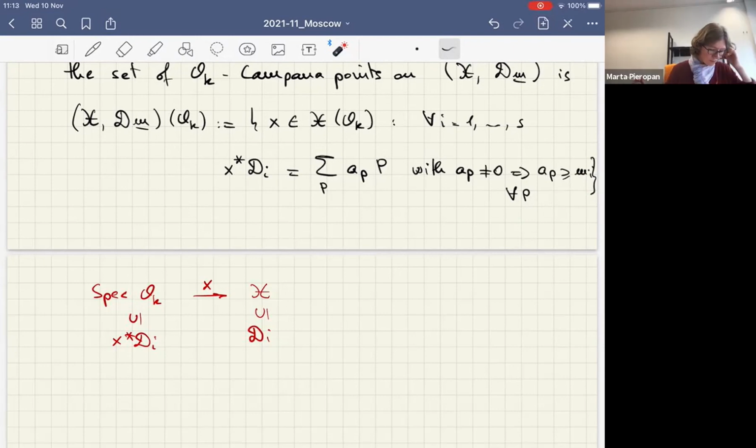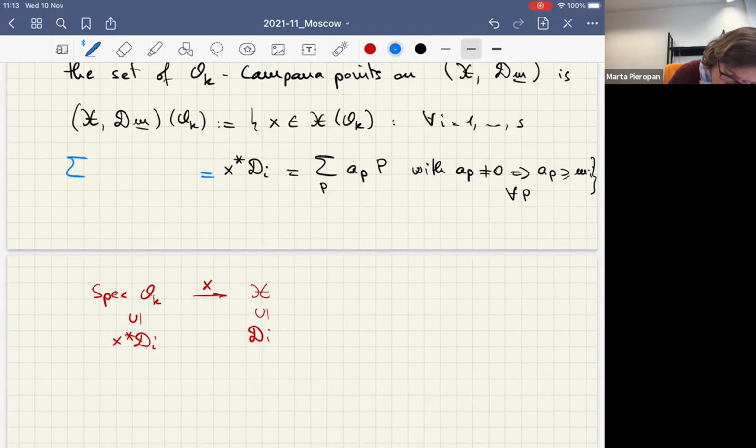Yes, so what I wanted to write down now was an alternative way to write down this sum. So when we write down this pullback, we can actually write down explicitly what these coefficients a_P are.